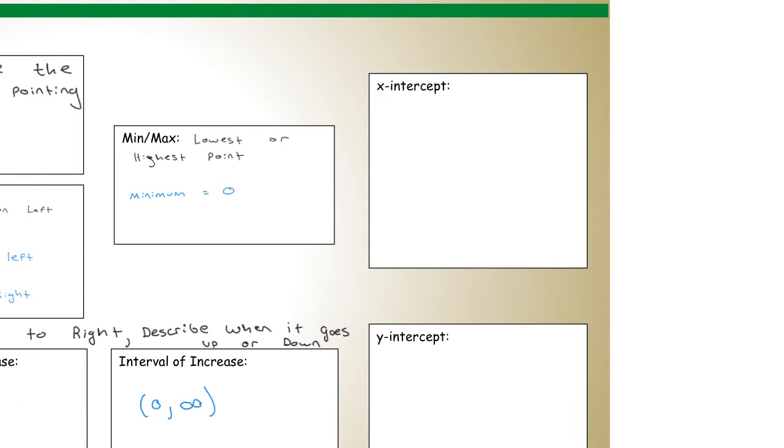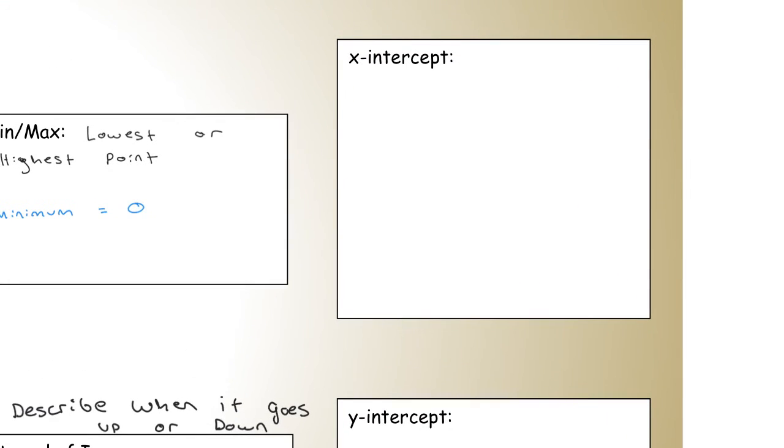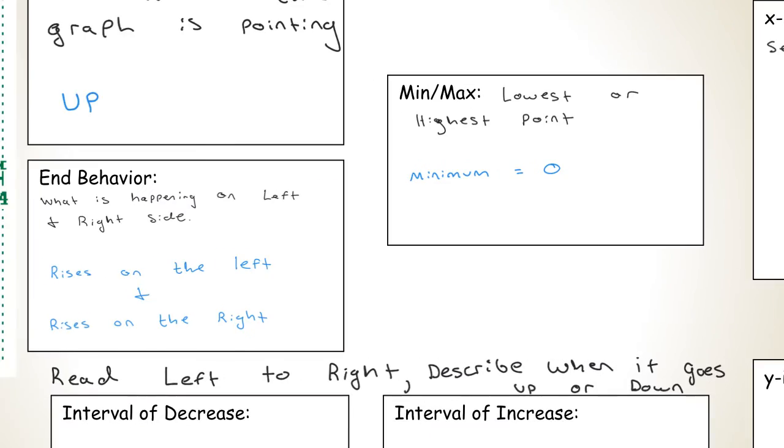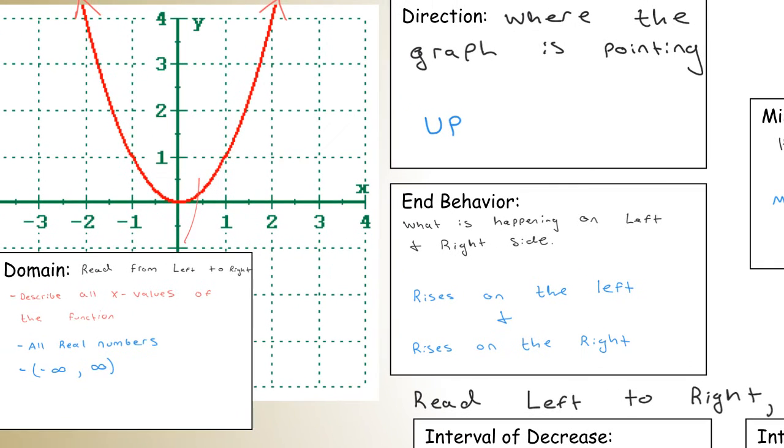Next thing, x-intercept. I can always find the x-intercept by setting the function equal to 0 and solving. Okay, so this one we can actually look at the graph here.